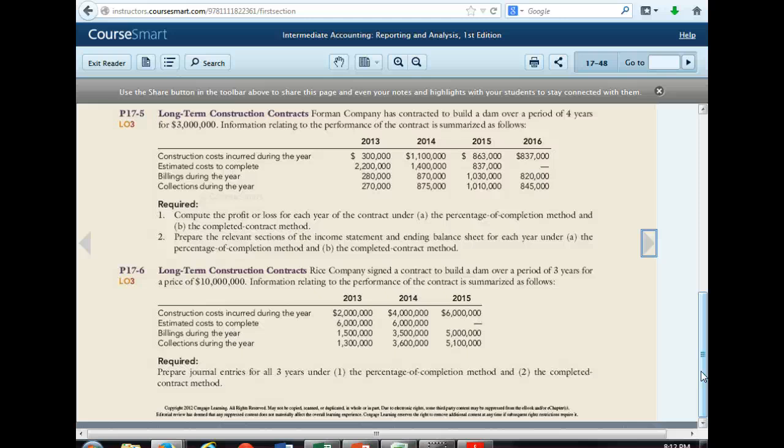Information related to the performance of the contract is summarized as follows: construction cost incurred during the year, estimated cost to complete, billings during the year and collections during the year. We're going to prepare journal entries for all 3 years only under the percentage of completion method. Okay?